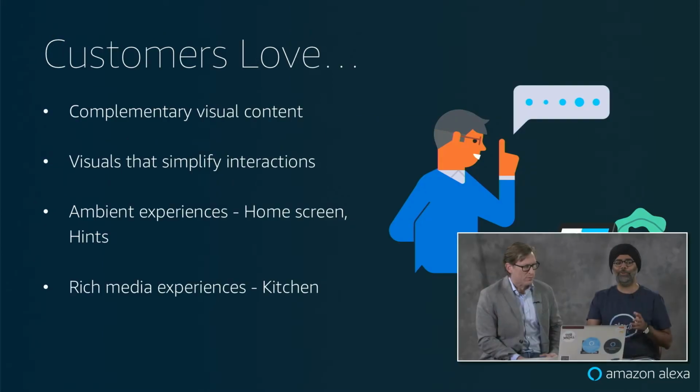Customers absolutely love having complementary visual content next to their Alexa experience, next to their voice first experience. Think about something like weather. You ask Alexa for the weather. She talks about what the temperature is right now, what it's going to be like tonight, and maybe gives you some idea of whether it's going to rain or not.